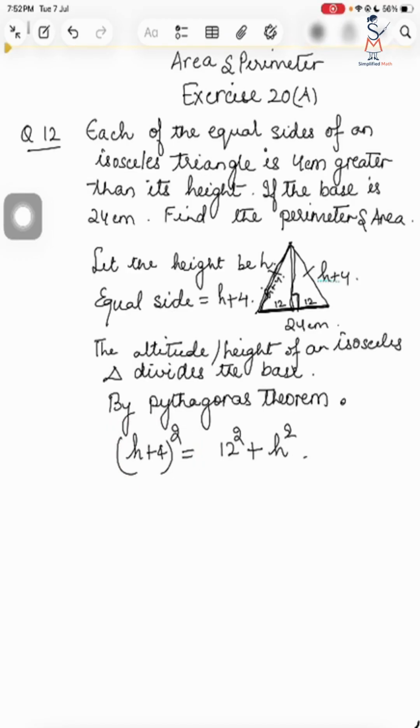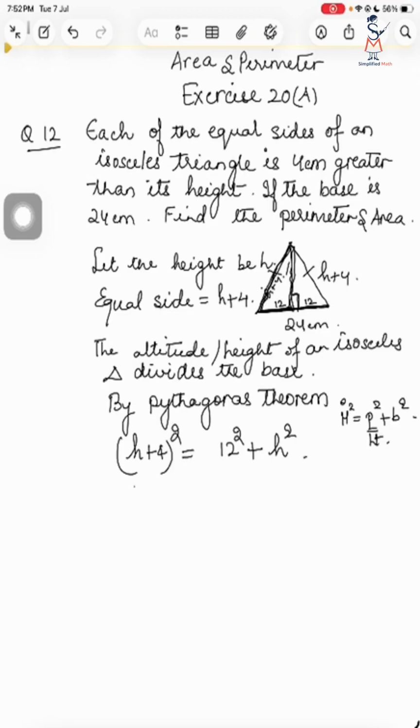What is the Pythagoras theorem? Hypotenuse square is equal to perpendicular square plus base square. Perpendicular means height. In this small triangle, the base is 12, the height is h and the hypotenuse is h plus 4.